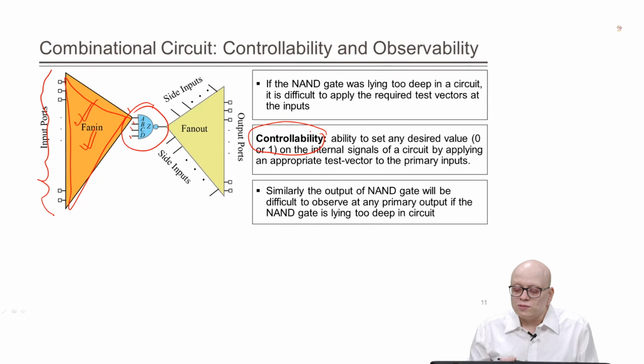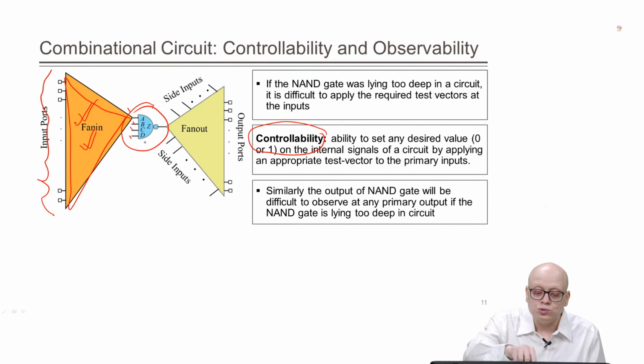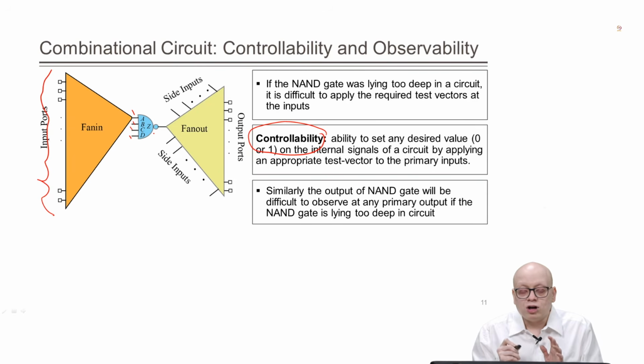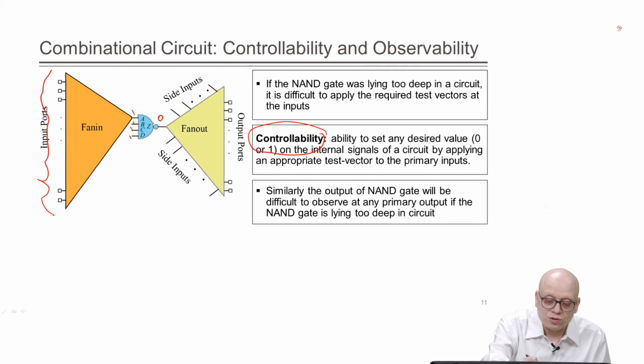Similarly, the output of the NAND gate will be difficult to observe at any primary output if the NAND gate is lying too deep in the logic structure. So, for example, once we apply the test pattern say 1 1 1 1, the correct fault-free NAND gate will produce a 0, right.